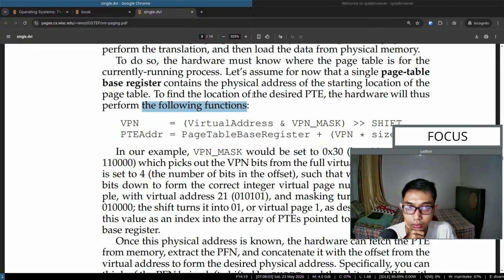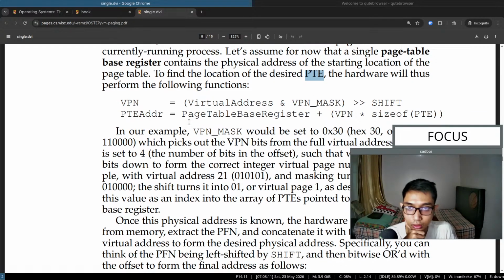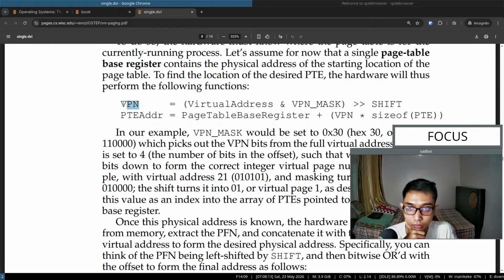Okay, this one: virtual address with the virtual page number mask, and then right shift. Oh, okay.